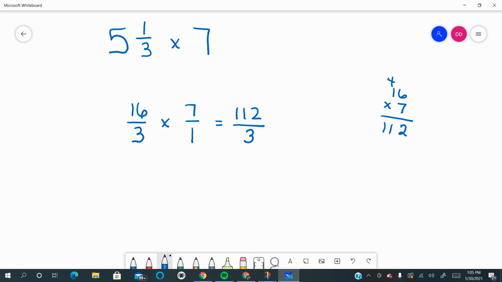In this case, it's a little bit hard for me to think about what that mixed number would be, so I might have to do a long division problem. 112 divided by 3, because a fraction also means division. 112 over 3 also means 112 divided by 3. Then solve this.